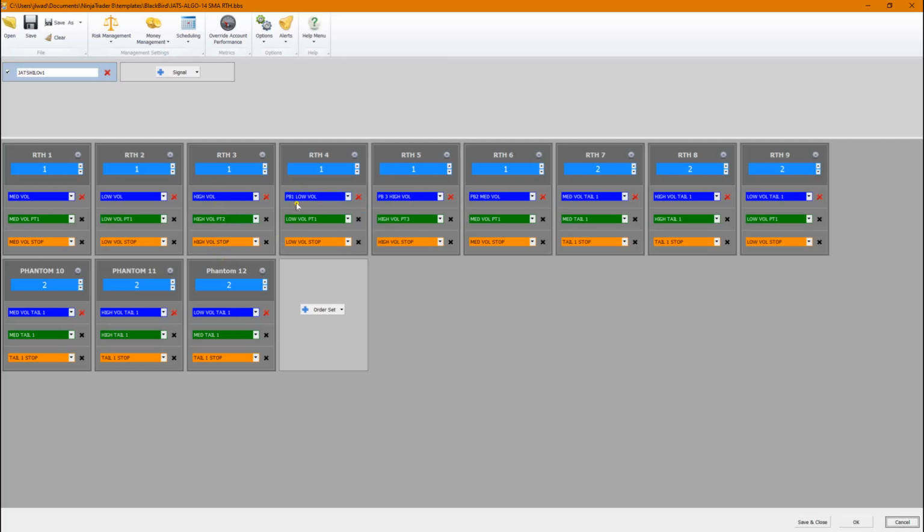Then I can take a pullback entry. Even though we're going directionally with those wider ranges, instead of exiting a trade during the pullback, that's where I'm trying to enter.